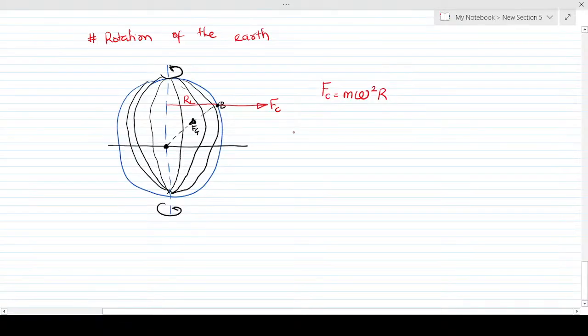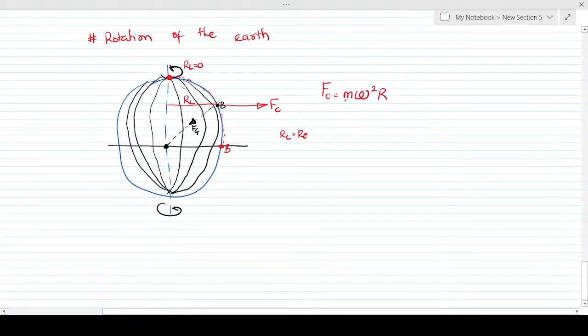Now, as the body moves, let's assume that it is here. If the body was here, then the radius of latitude is the same as the radius of the equator. Now, as the body moves away and gets towards the pole, at the pole, that is where the axis of rotation is. So at the pole, the radius of latitude is 0.